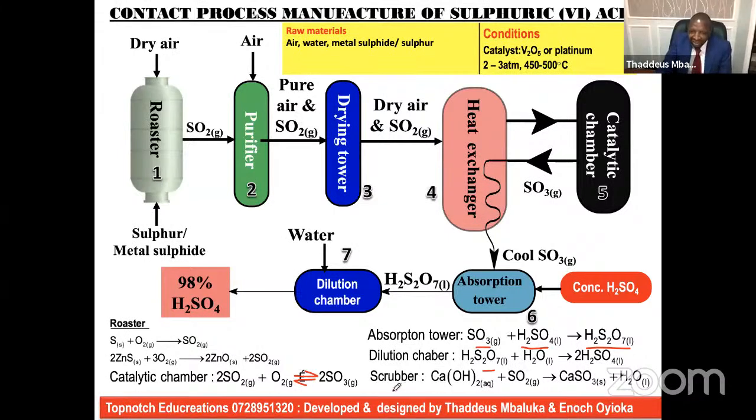So we have the scrubber, whereby the sulfur dioxide is passed through long chimneys lined with calcium hydroxide, whereby it reacts to form calcium sulfite plus water. Somebody can tell you to write the equation for the scrubber. It is very important for you to be able to understand. You can also be told, apart from scrubbing, which are the other methods of reducing pollution?